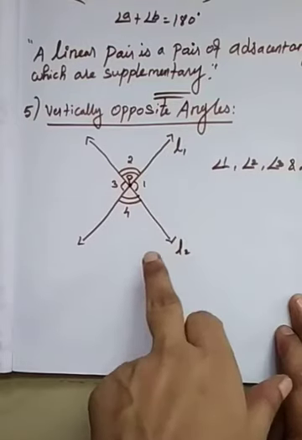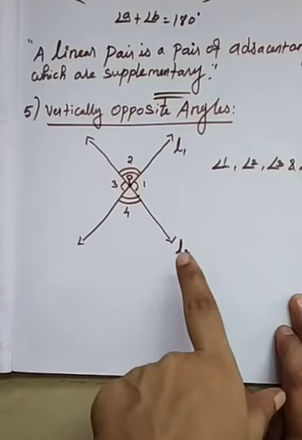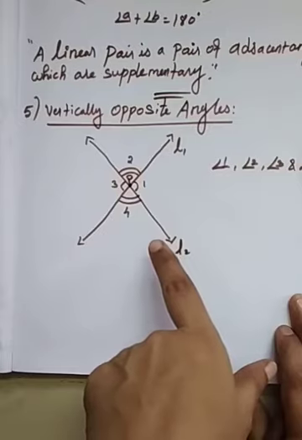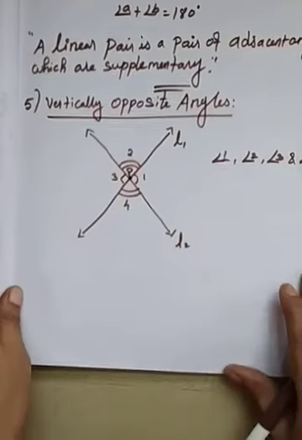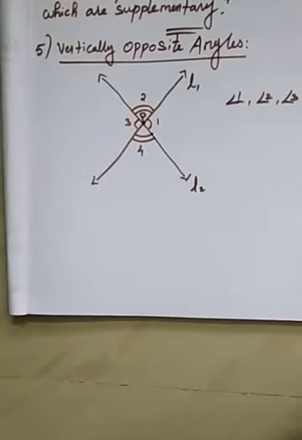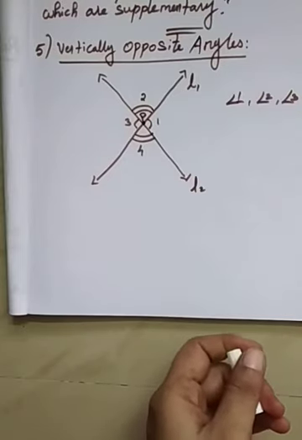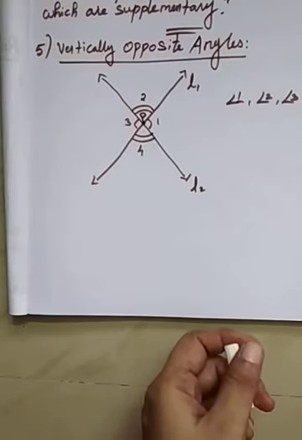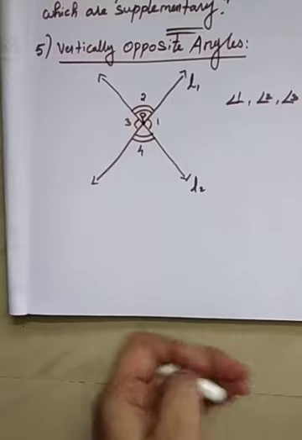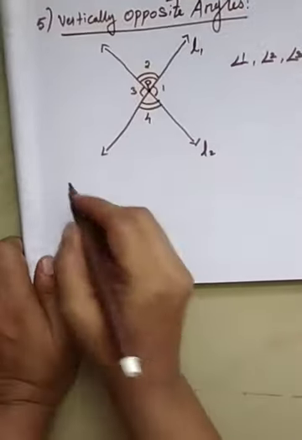These angles are called vertically opposite angles. So, when two lines intersect, the pairs of angles formed without a common arm are called vertically opposite angles. That is the proper definition.